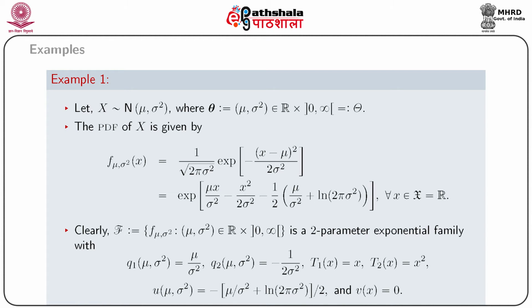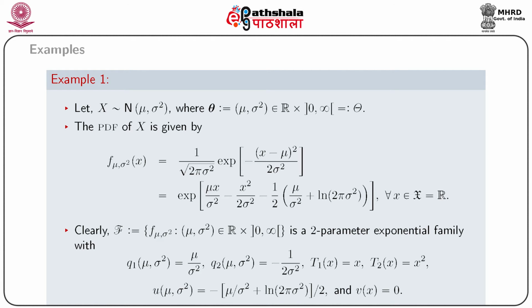Now, the PDF of x is f x equals 1 by sigma root 2 pi into e to the power minus 1 by 2 sigma square into (x minus mu) whole square, which equals 1 by sigma root 2 pi e to the power minus 1 by 2 sigma square into (x square minus 2 mu x plus mu square), which equals e to the power minus x square by 2 sigma square plus mu into x divided by sigma square minus half into (mu square by sigma square plus log 2 pi sigma square).